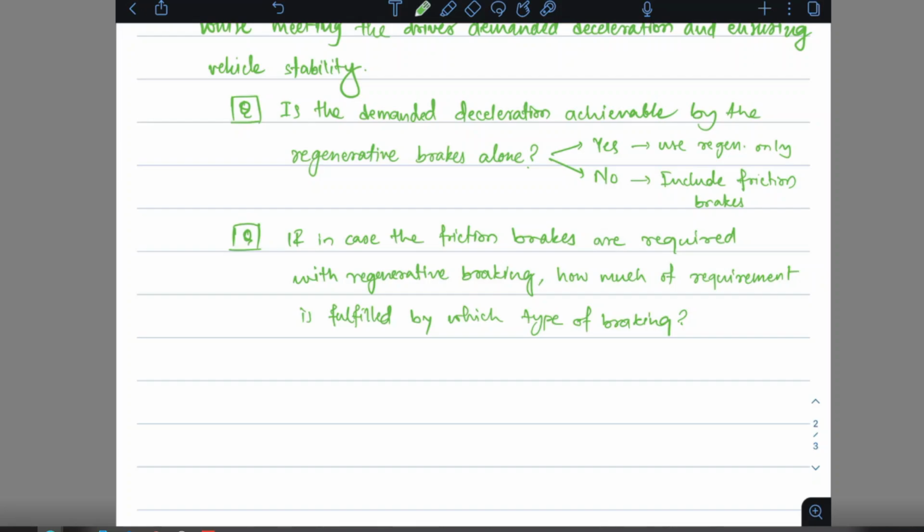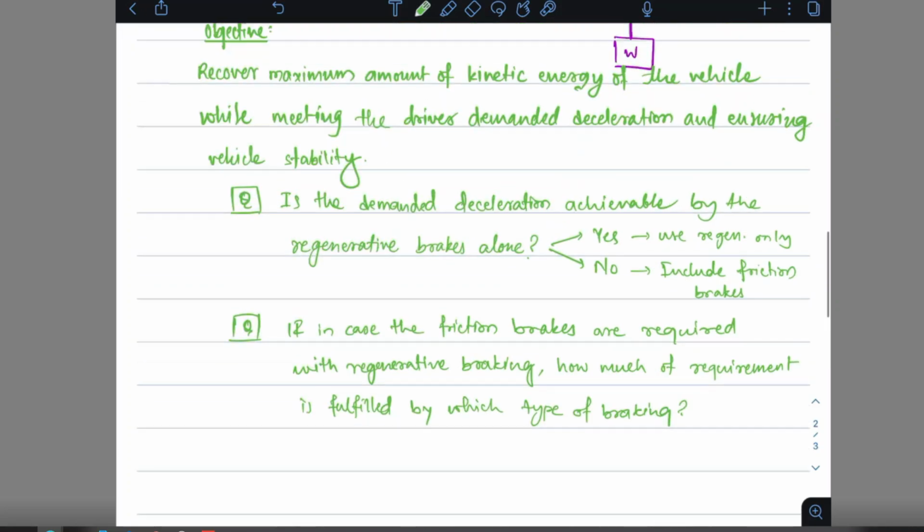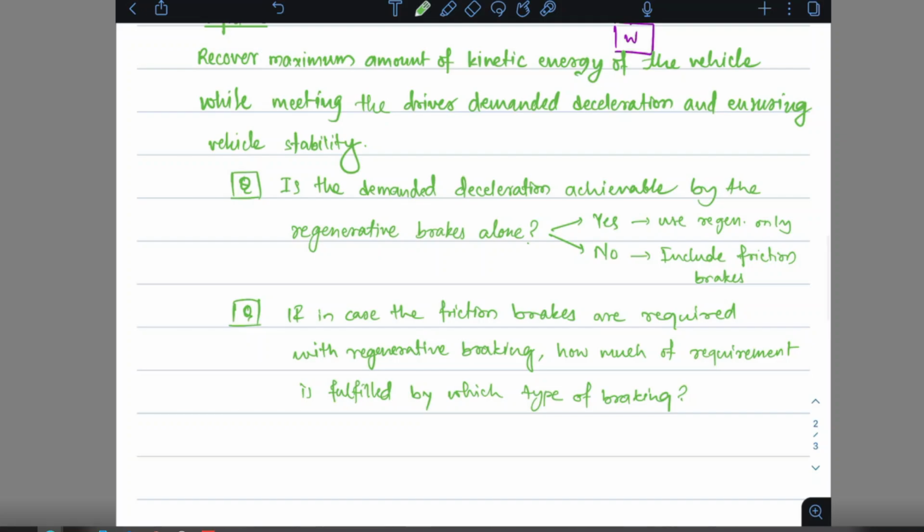Since the demanded deceleration cannot be achieved only by regenerative brakes, we would like to utilize friction brakes as well. In such a case, we are asking how much split should be between the two of them. And then, of course, there will be a natural question on controls, like how are we going to achieve these things?